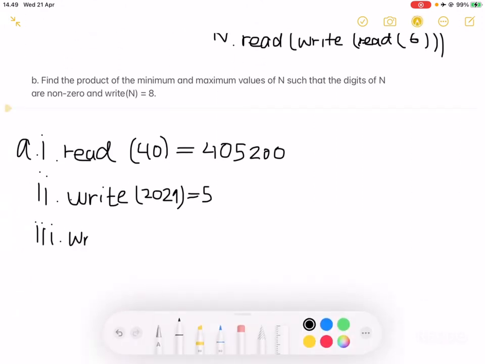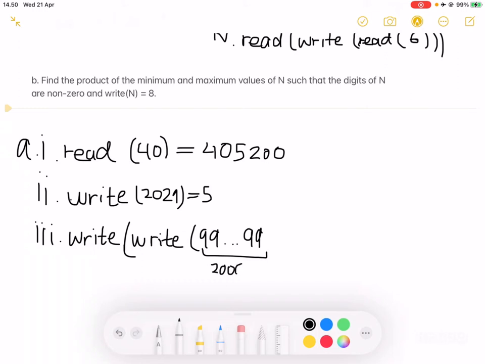For part 3, this is where things get a little bit interesting, because this is actually a composite function. Write of this number, so there are 2000 nines. When you're dealing with composite functions, you must deal with the inside part first.